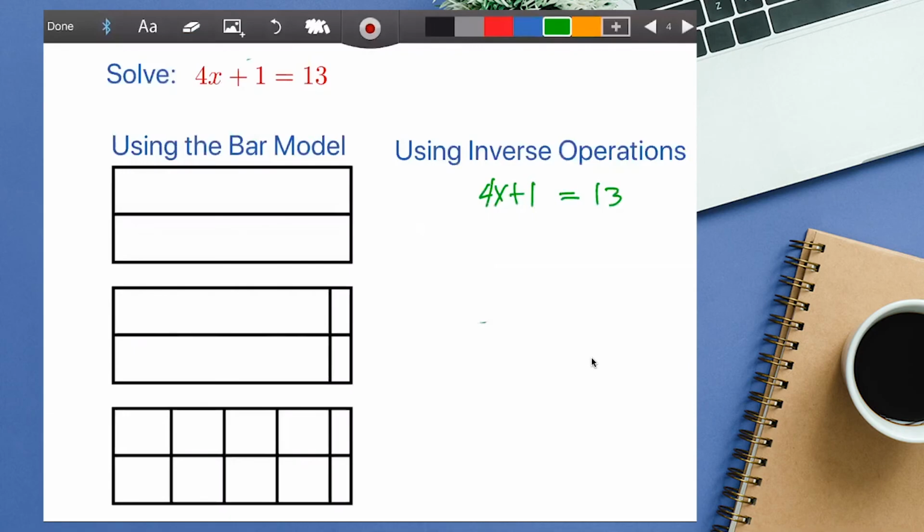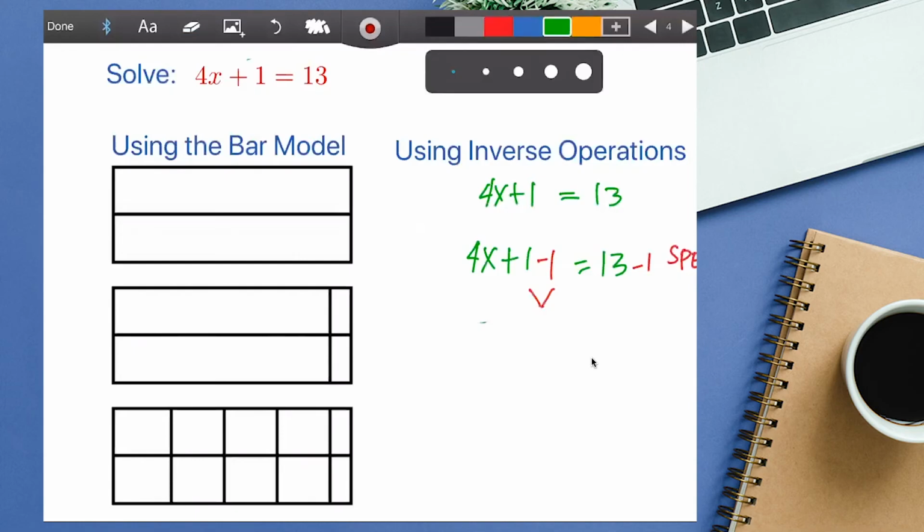Using inverse operations, we will now have 4x plus 1 minus 1 equals 13 minus 1. And this is justified by the subtraction property of equality. And we also know that a number plus its additive inverse is equal to 0 by inverse property. So we now have 4x plus 0 is equal to 12.